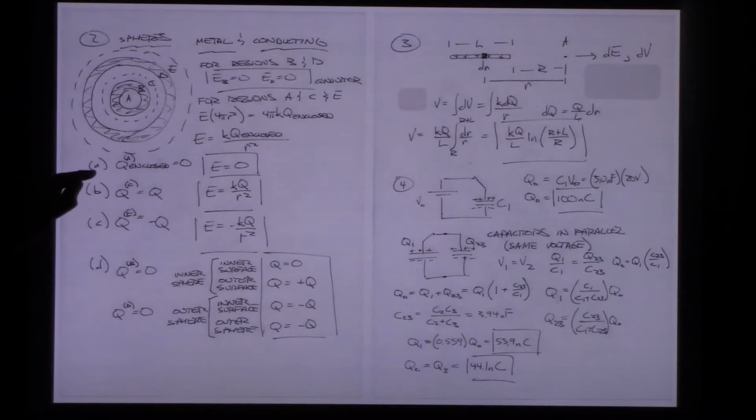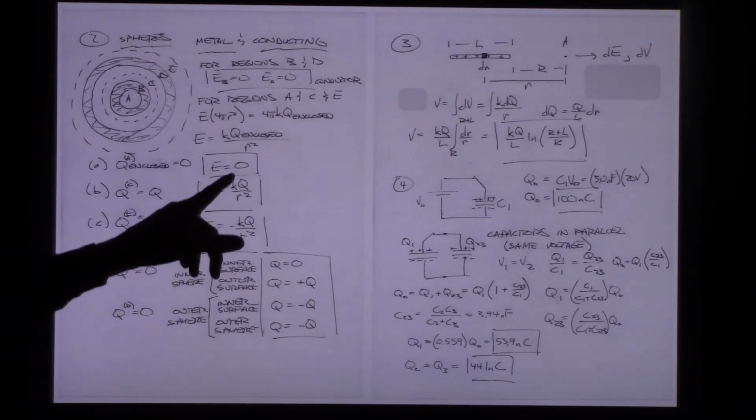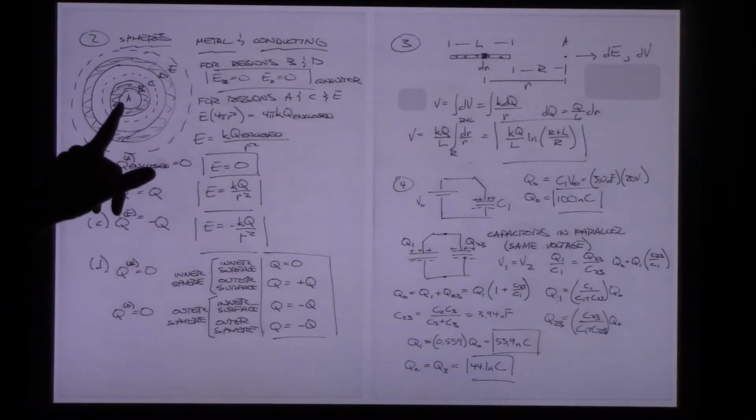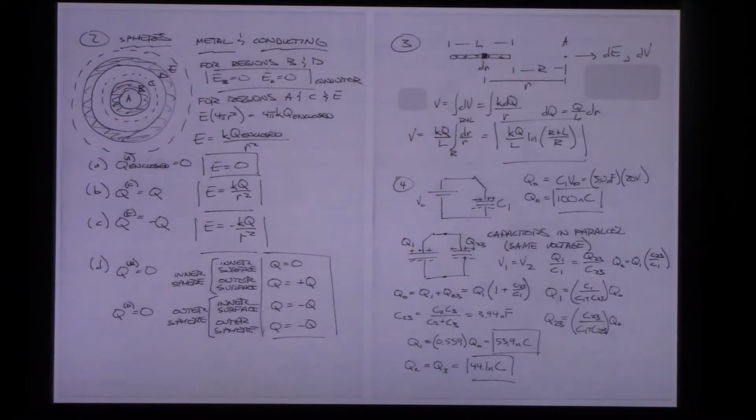And so again, if I go into region A, I guess we haven't looked at A yet, and draw the Gaussian surface inside there, there's no charge enclosed. So the electric field inside will be 0. That tells us that there is surrounding charge, but it cancels exactly.